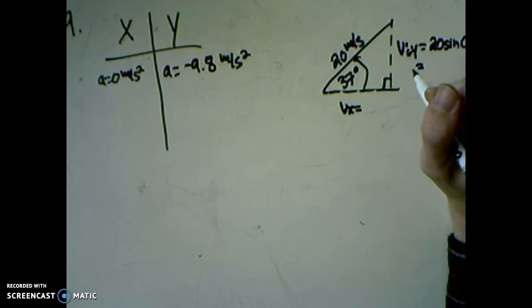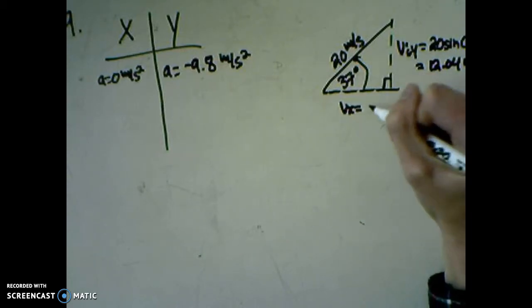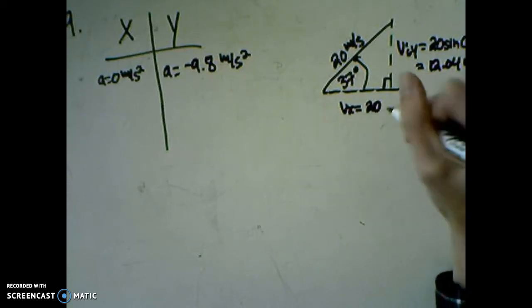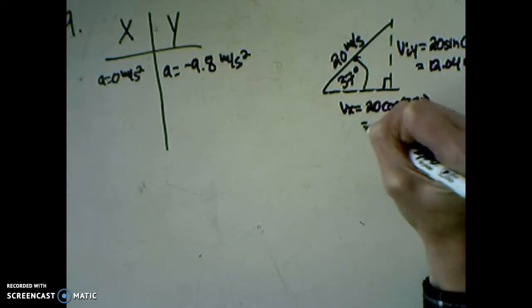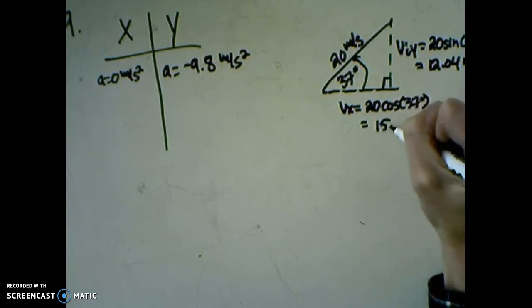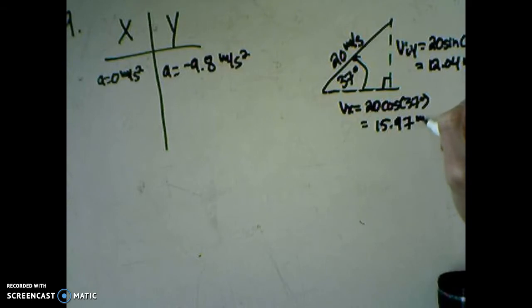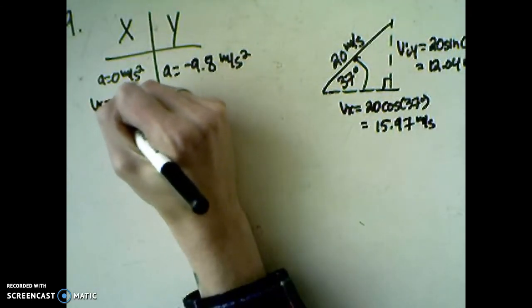Sorry that went off your screen, but that will give you 12.04 meters per second. And my x velocity component is 20 times the cosine of 37 degrees, which is going to give me 15.97 meters per second in x. So let me put those values in.